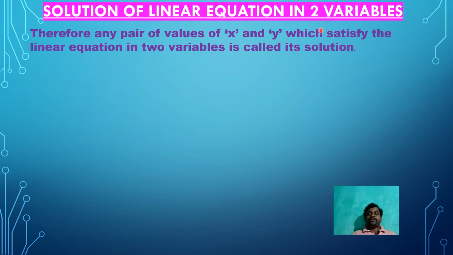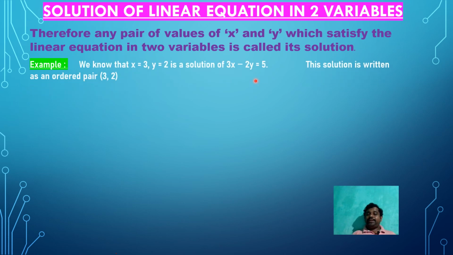For our previous example, (4, 1), (2, 3), (3, 2), (1, 4), (1.5, 3.5) are all solutions for that particular linear equation. Just observe here, 3x minus 2y is equal to 5.